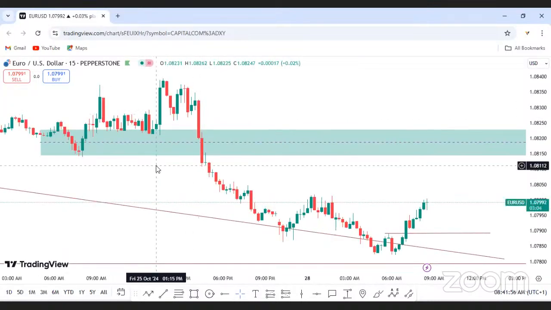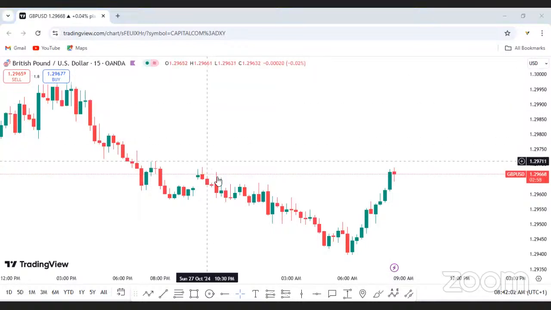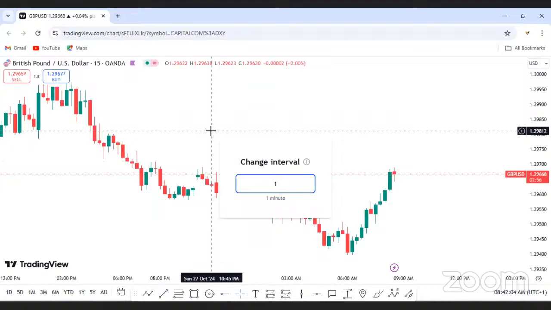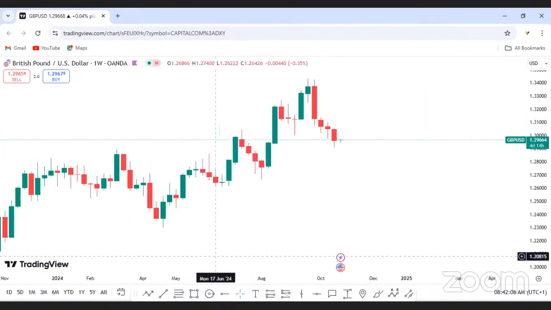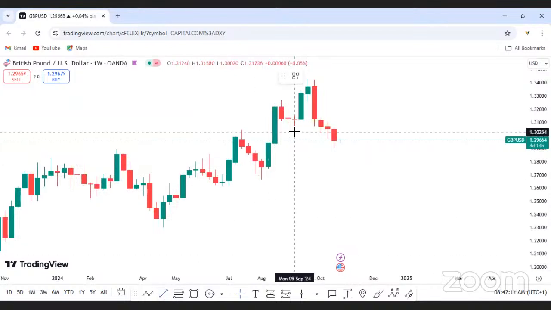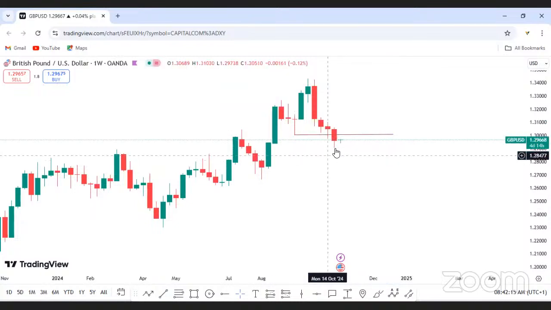Then quickly, let's look at GBP USD. Now for GBP USD, starting off with the weekly time frame, just like we did the others, you can see GBP USD on the weekly time frame has clearly broken this structure and has shown signs of bearishness going forward.